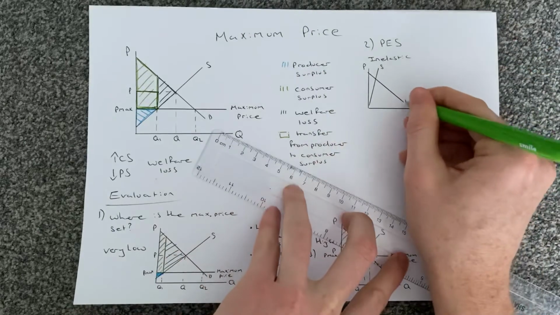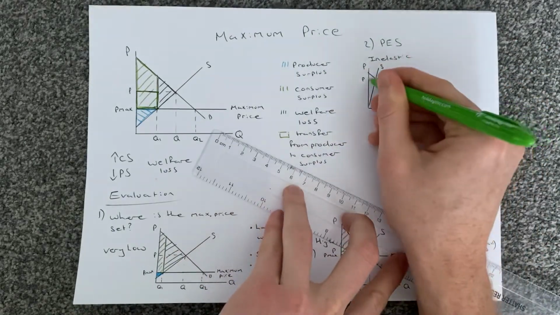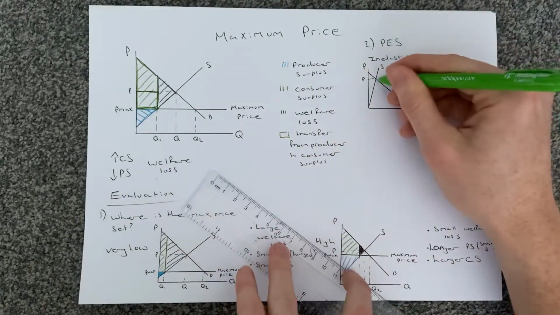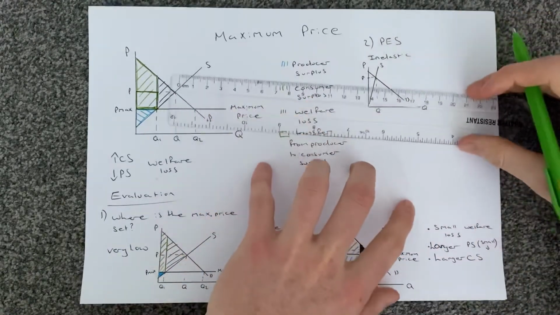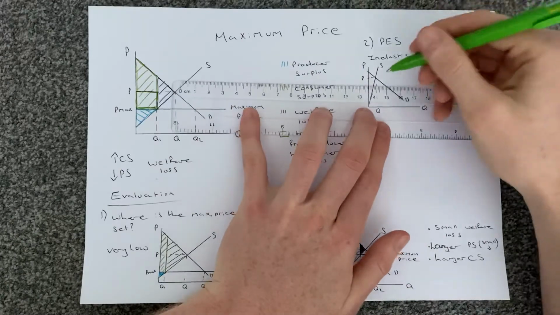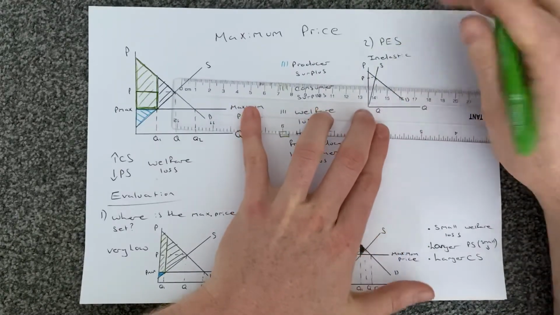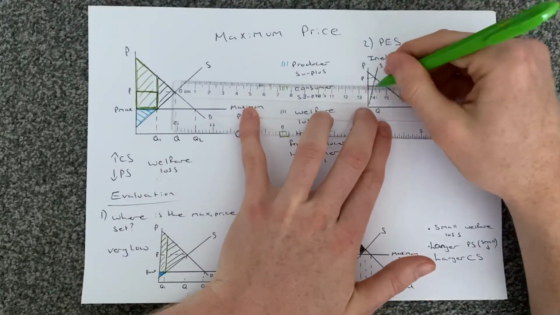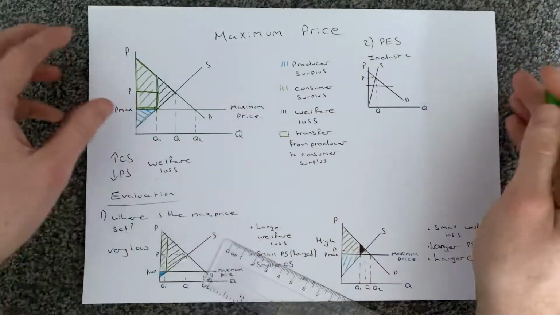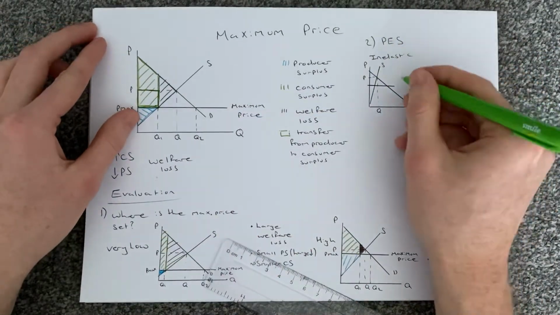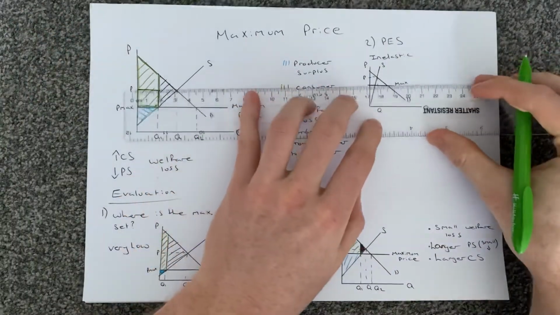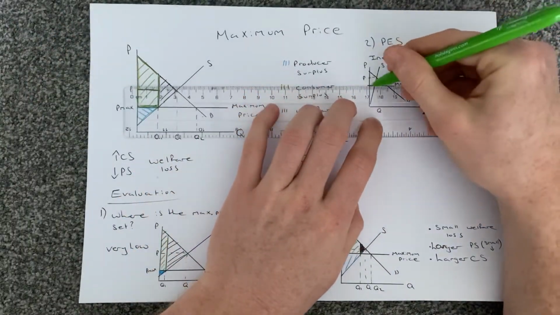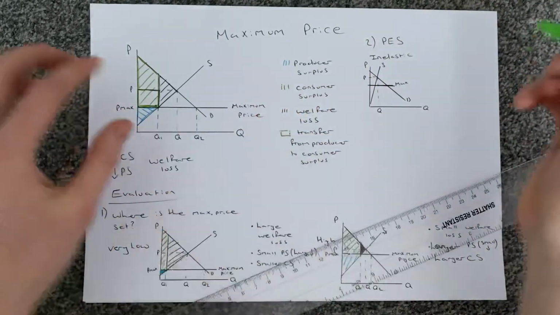Like so. We'll add in our equilibrium of P and Q. And then we will add in our maximum price, and we'll label that maximum price. So I do apologise, it's a little bit bent.